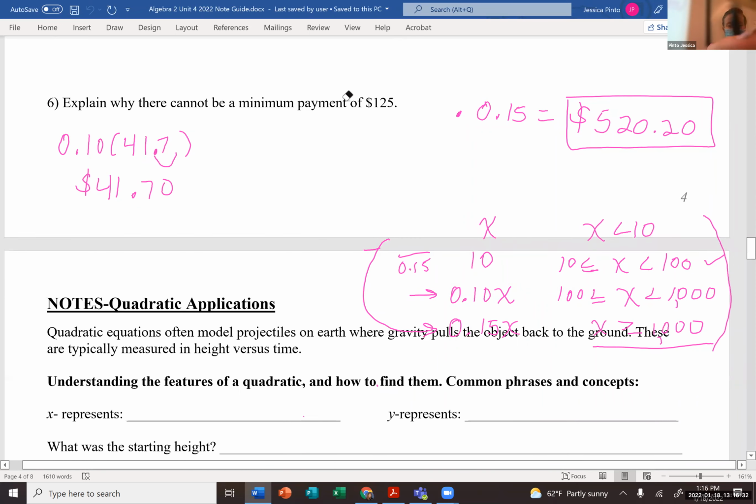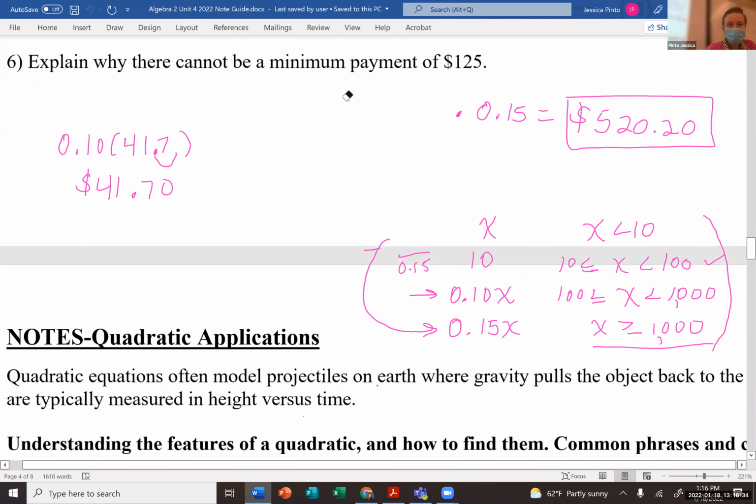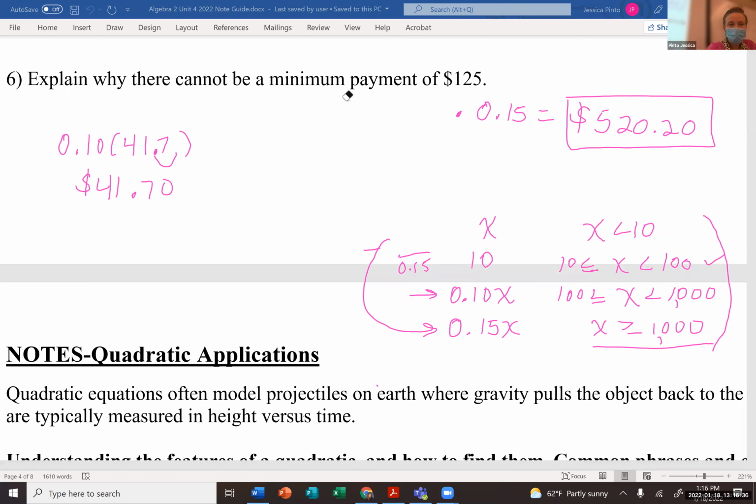Okay. So for 10% group, the largest balance that you could have there is 999.99. Agree? That's the number less than 1,000.